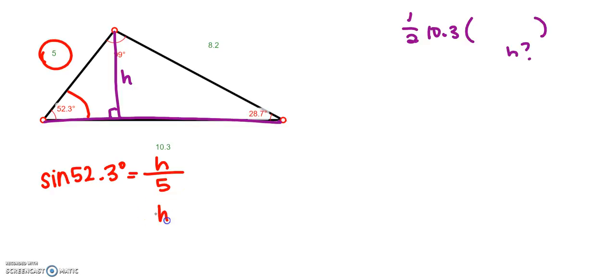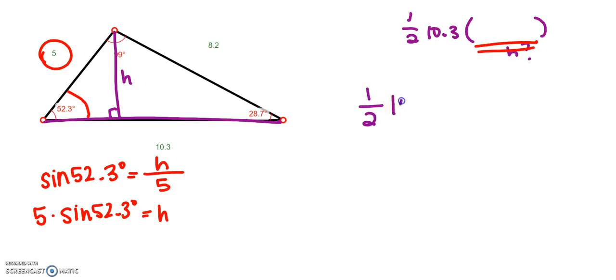In which case, h is really equal to 5 times the sine of 52.3. That's what I wanted to put in for h. So if I finish out this formula, I have 1/2 times 10.3 times 5 times the sine of 52.3.